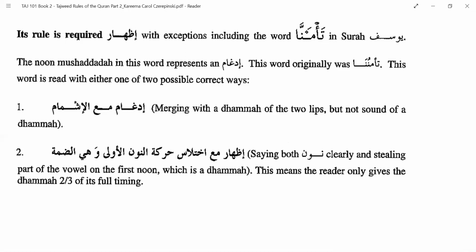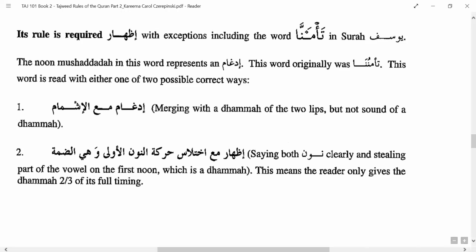You're not going to say nu, but you will form your lips in that circle when you reach ta'manna. So when you're doing the gunna, you quickly form a dhamma with your lips and come back to na. But you're not going to say nu. That sound will not come out.